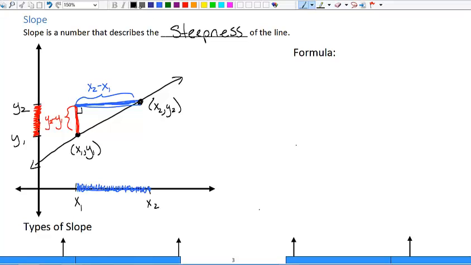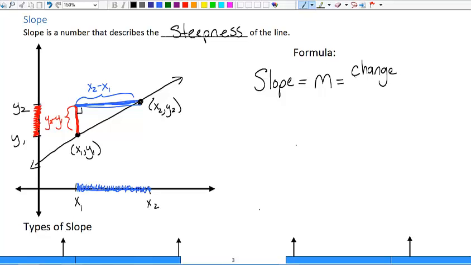And the slope formula turns out to be the ratio of the rise and the run. We use the letter m to represent that. Slope is always used with the letter m. Not my rule, it's just what we do.